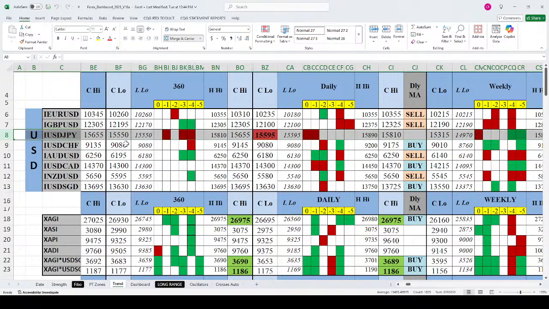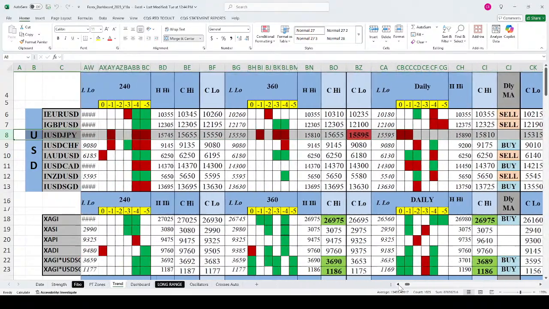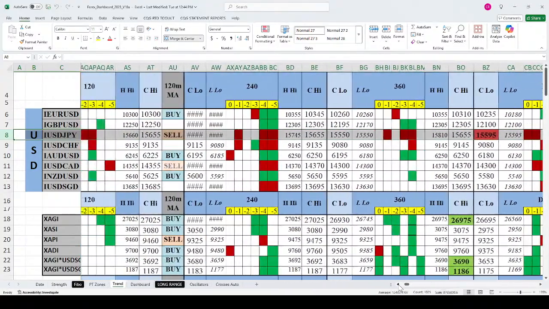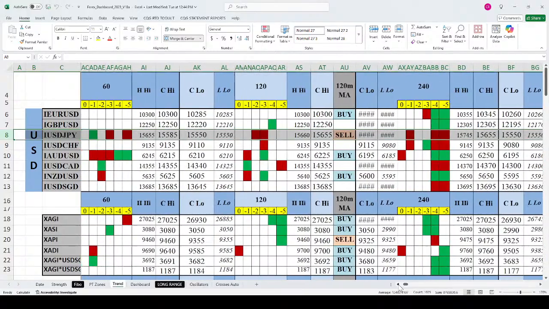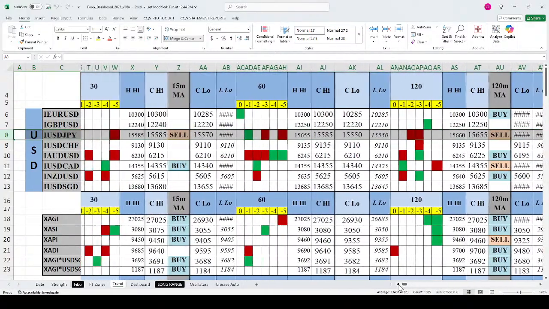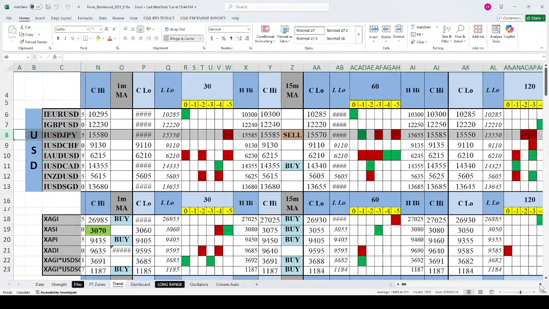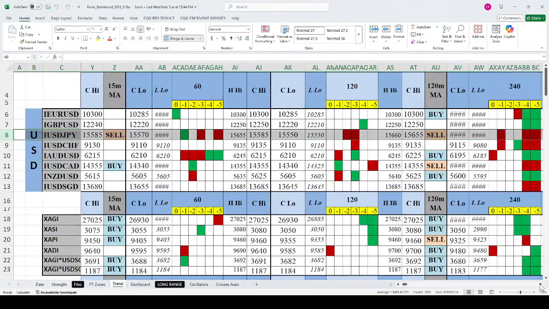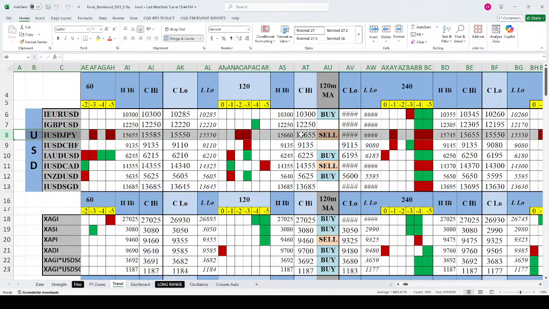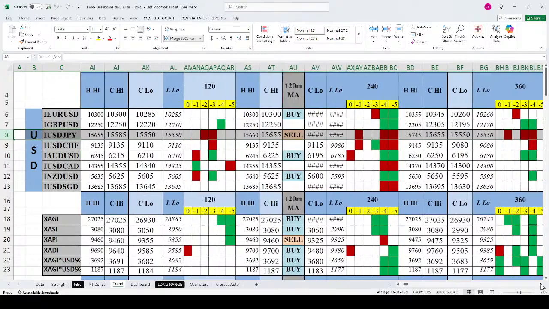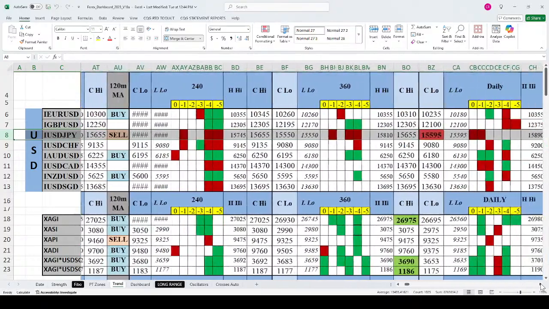Okay, so on the 6 hours, since we are going to go for a sell and hold, see whether we have any tighter or nearer levels. The next resistance I can see is 156.55, which is the 2 hours high, and that is also the high of 240 and 360.